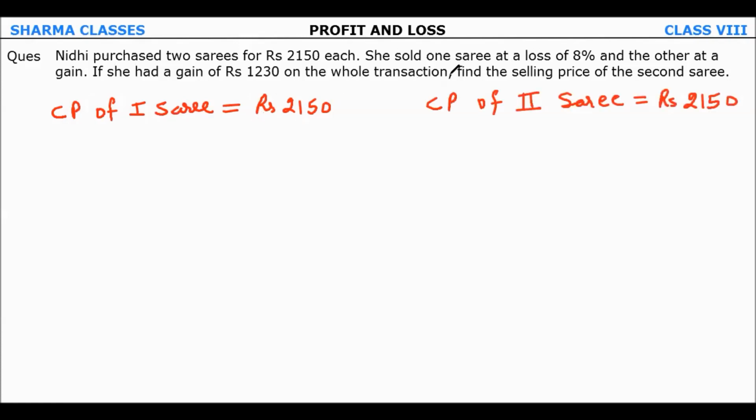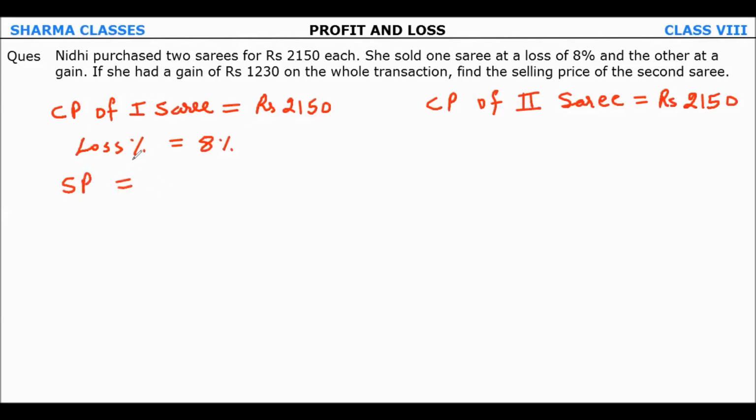Now she sold one saree at a loss of 8%. So let's say first saree she has sold at a loss of 8%. So this is the loss percent given to us. Now let's find the SP of this first saree.